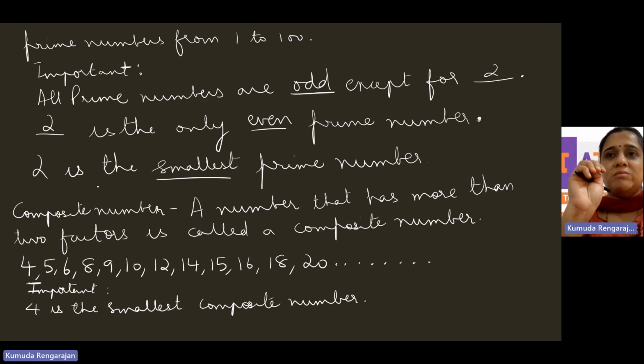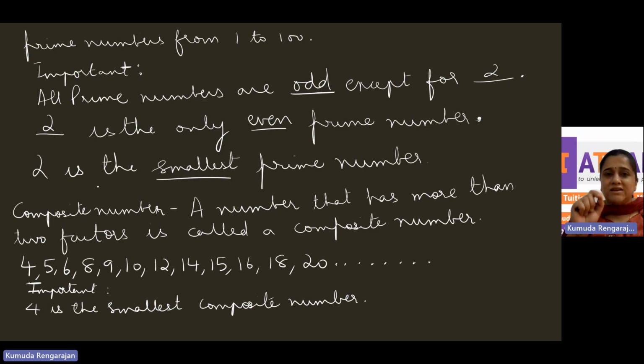What's the definition of a prime number? It should have exactly 2 factors. It should come in exactly 2 multiplication tables. 1 comes only in the table of 1. So it does not satisfy the definition of a prime number.